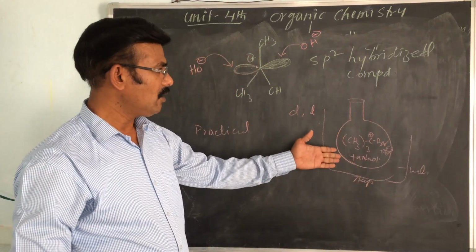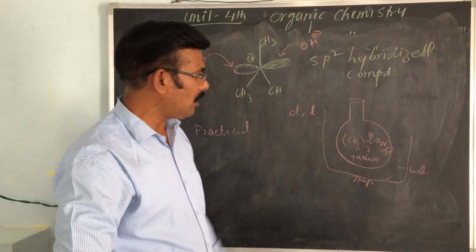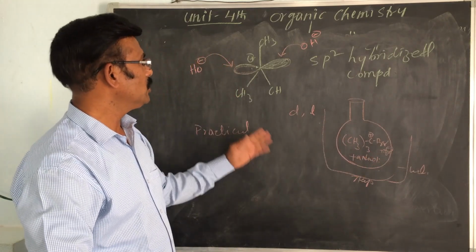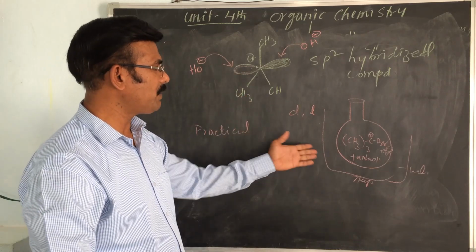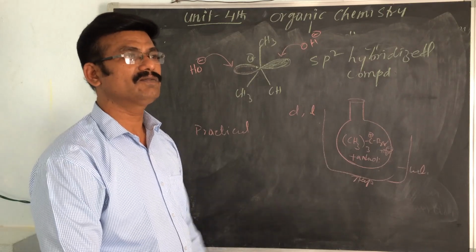The Br is in close proximity to this compound and the nucleophile also. The expected compound is D and L, but in practice it is not possible.